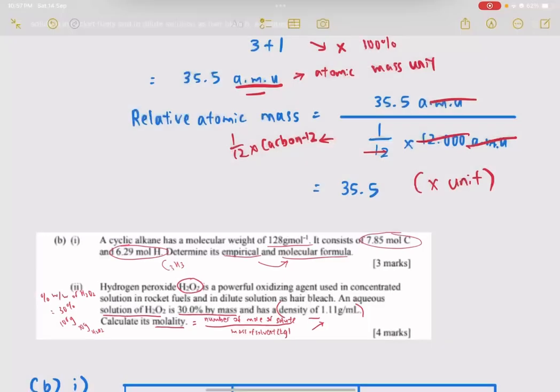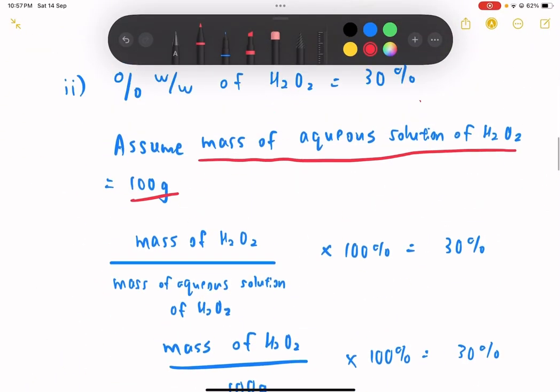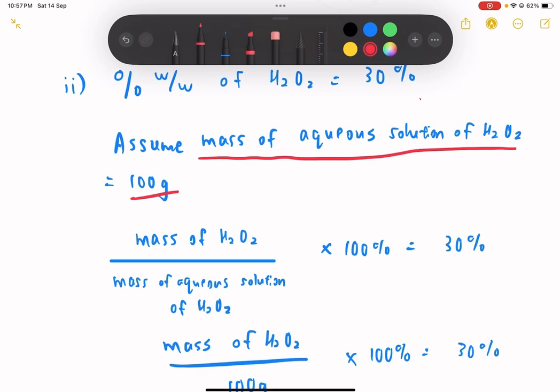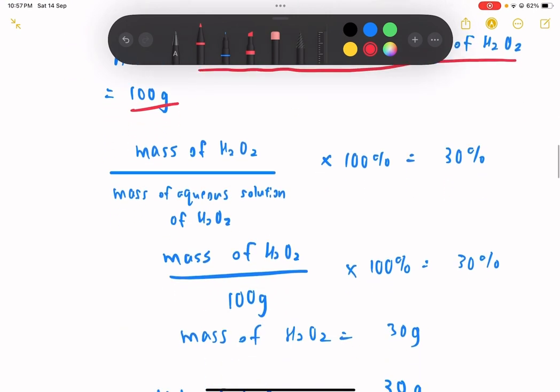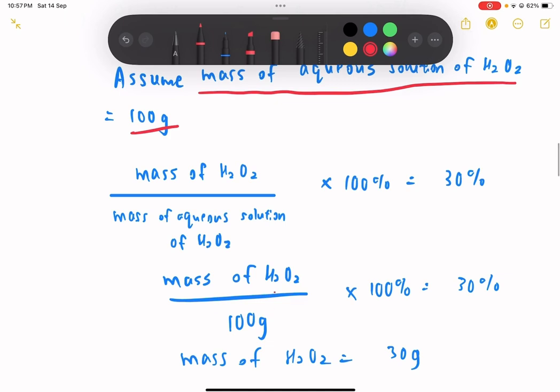Okay, so here this is H2O2. This is the solute actually. This is not the solution. So 30% over 100 gram means an aqueous solution.